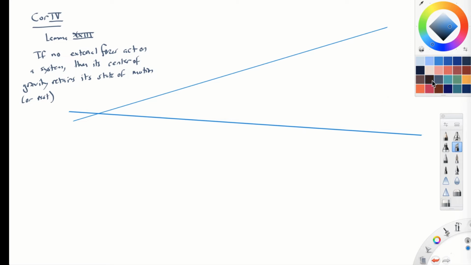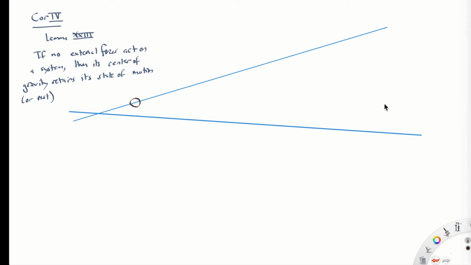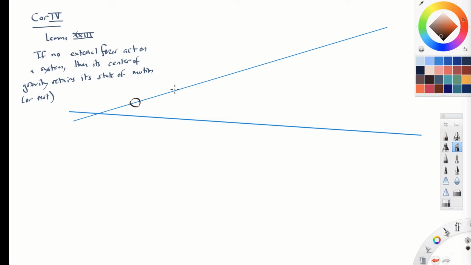And let me draw these two objects. I'm drawing the position of a mass at subsequent moments in time as it's moving along this trajectory.